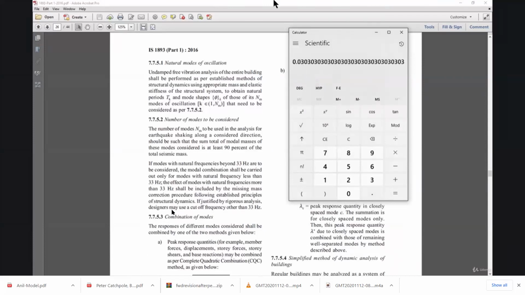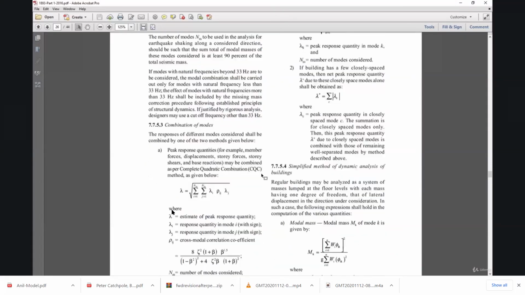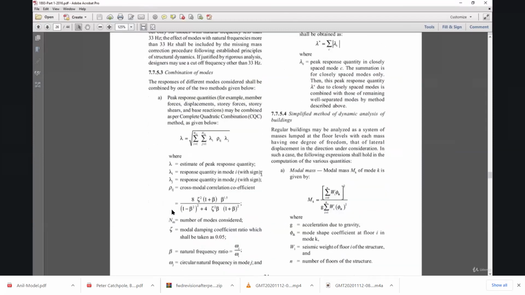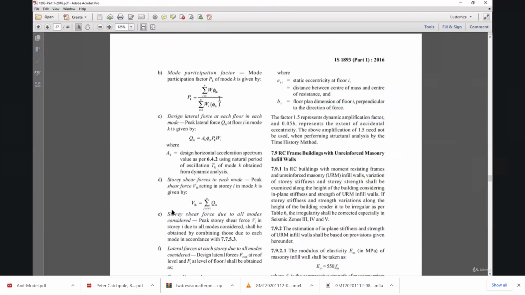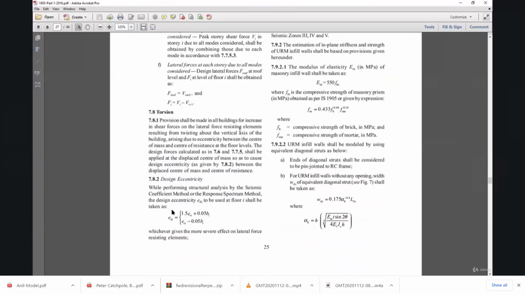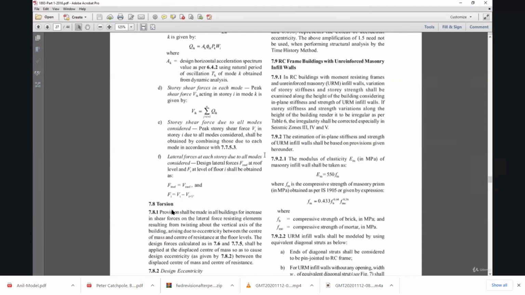This we will also check in the model. And for combination of modes, it is up to us whether we want to do CQC or SRSS, that is square root of sum of squares method. We also need to check the modal participation factor. We also need to check the design eccentricity. By default, it's 0.05 design eccentricity.